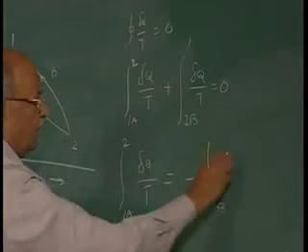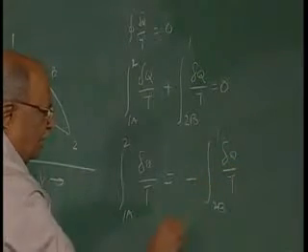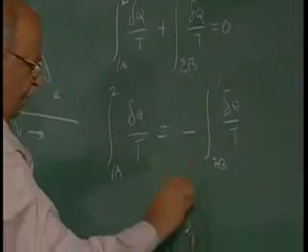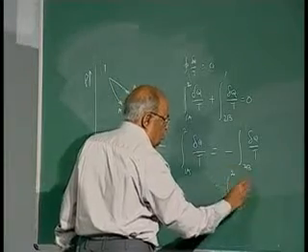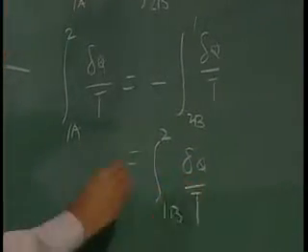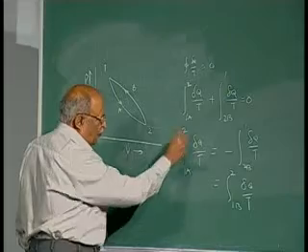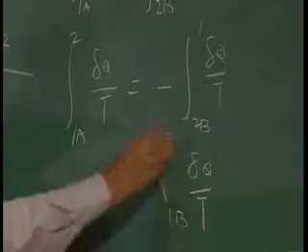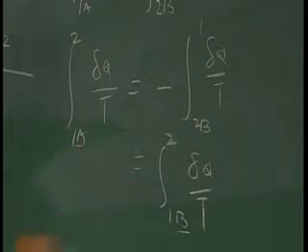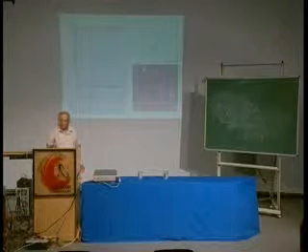or this can be written as the integral from 1 to 2 via B of dQ by T. That shows that dQ by T from 1 to 2 via path A or via path B are equal, and as they do not depend upon the process but only on the end states, they represent a particular property, and this property is defined as the entropy of the system.